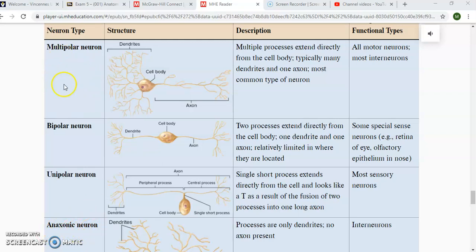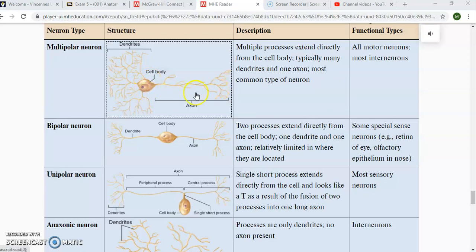So we'll start with the multipolar ones. It's called multipolar because if you look at the cell body, you'll notice that there's multiple processes coming off of that cell body. We have all the dendrites here, and then we have the one long axon.